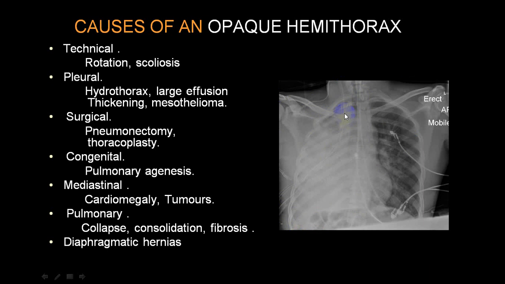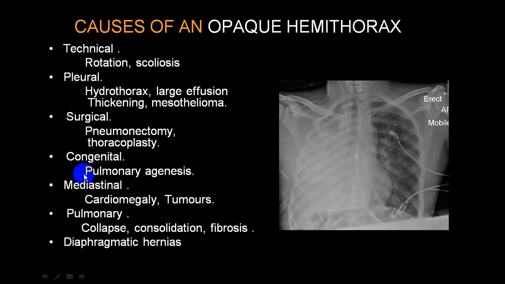And in that opacity, we have already told you there are a few conditions which will produce opacity. In a case of pleura, fluid can be water, can be exudate, can be blood, can be pus, can be chyle, can be urine, etc. Or there can be pleural pathophysiology like mesothelioma, that is malignancy of pleura, or thickened pleura or calcification of the pleura.